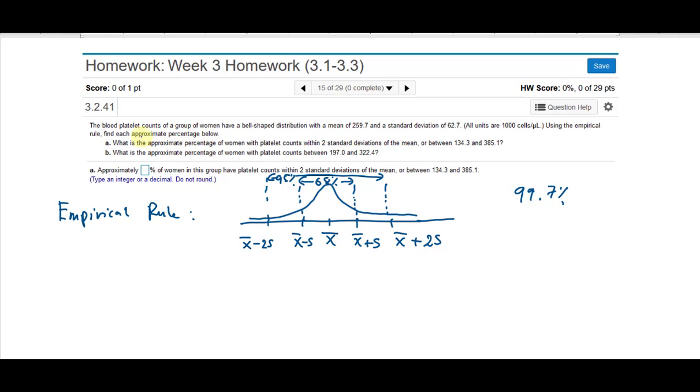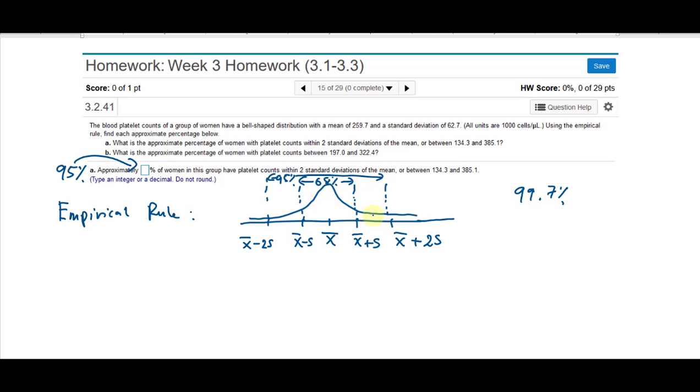So in this case, part A, they ask what is the approximate percentage of women with the pulse counts within 2 standard deviations of the mean. So 2 standard deviations of the mean, we know that they are 95%. So according to the rule, part A, the answer is 95%.